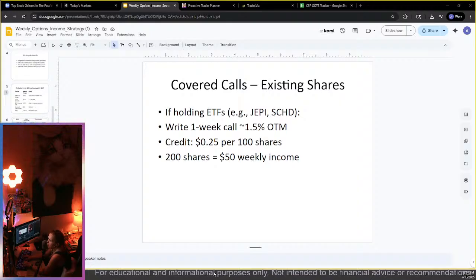How much I'm getting in income from the dividend.